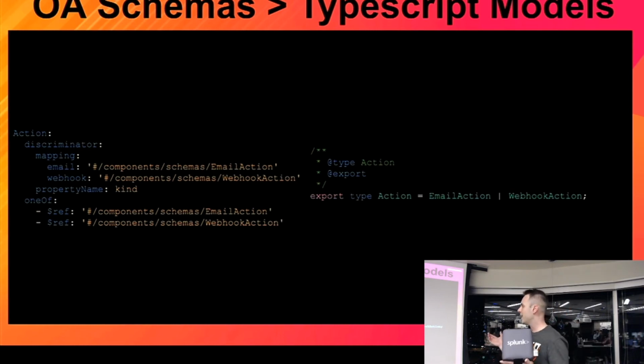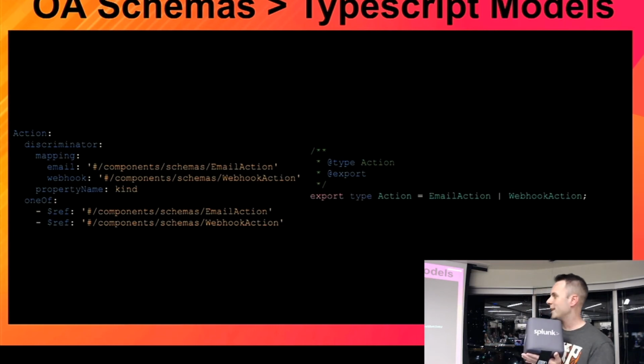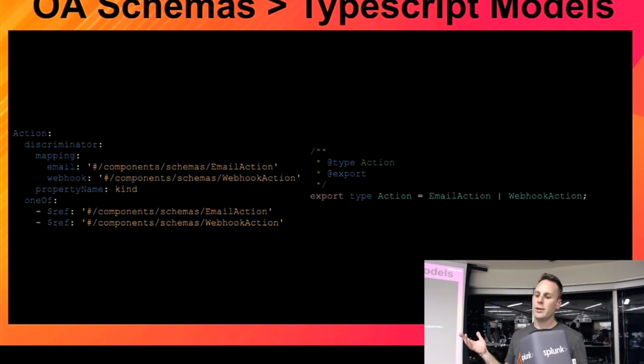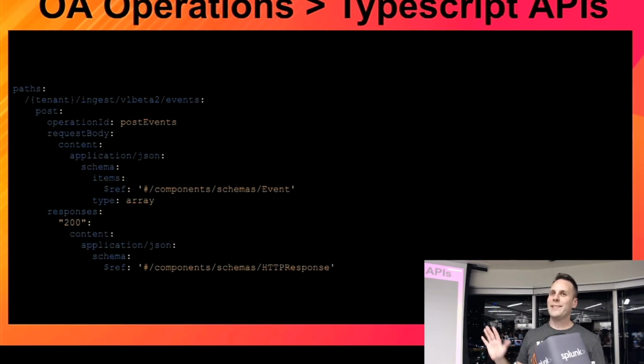So for those who don't know TypeScript super well, we basically define a new model that's an OR between email or webhook actions, which means you could see either one. And these have fields in common, but also their own specific fields. Anyway, it's really complicated in other languages, but it's super easy in TypeScript.